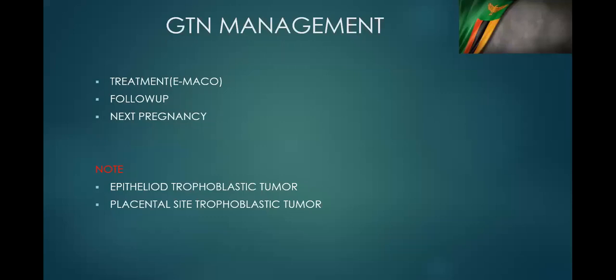So that is the follow-up for somebody with GTN, or gestational trophoblastic neoplasia. During the follow-up, you need to make sure that these women are on contraception, because if they become pregnant during the follow-up, you won't know if the disease has recurred or the beta HCG levels are due to pregnancy.